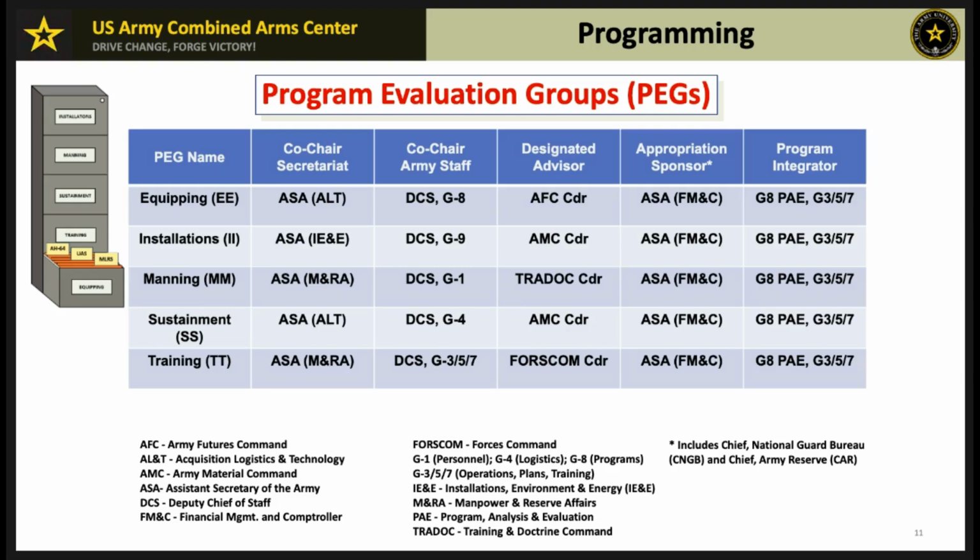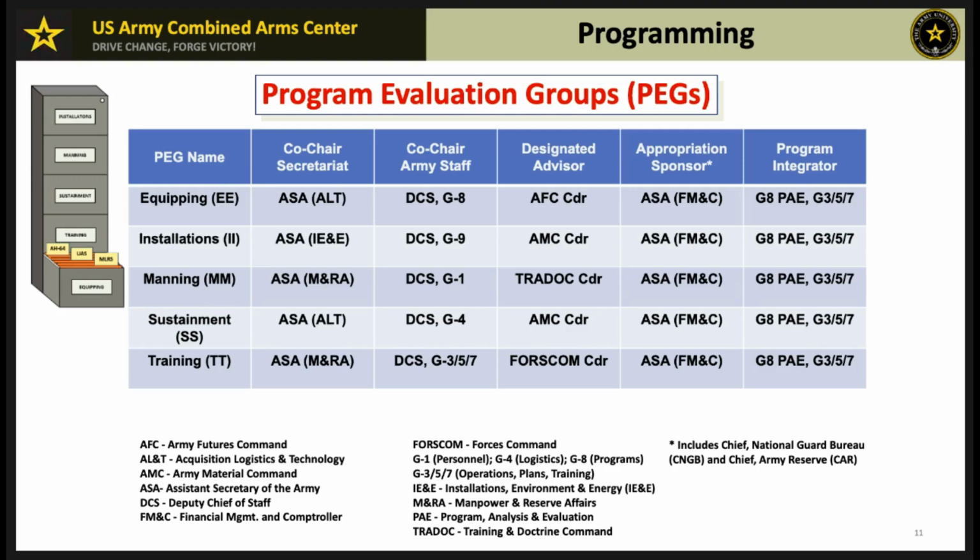PEGs define resource requirements within their programs, organized into Management Decision Execution Packages, MDEPs. They ensure programs align with guidance, have measurable outcomes, and are properly costed. PEGs also review command priorities and adjust programs to balance affordability with mission requirements.